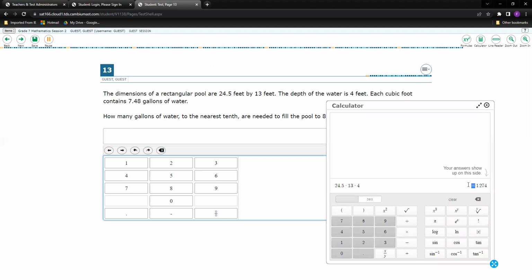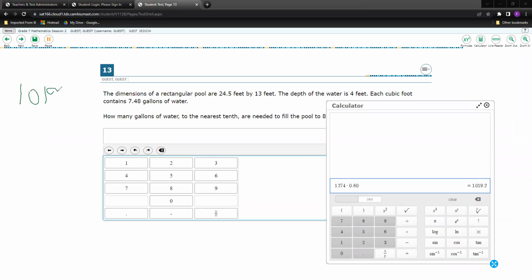So let's find what 80% capacity is. So we're going to multiply 1,274 times 80% or 0.80, and I get 1019.2. So that's 80% capacity of the rectangular pool.